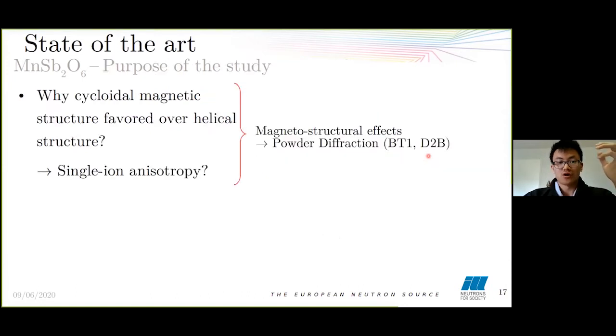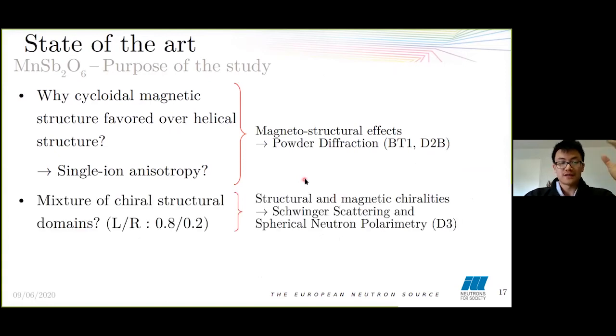So now we want to know why in MnSb2O6 we have a cycloidal magnetic structure which is actually favored over the helical structure. This can be done by studying the magnetostructural effect by neutron powder diffraction. It has been shown previously that there is a mixture of chirostructural domains in MnSb2O6, so 80% left and 20% right structure.